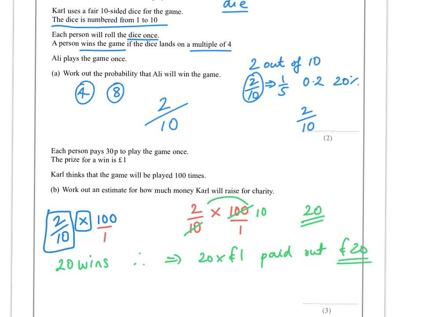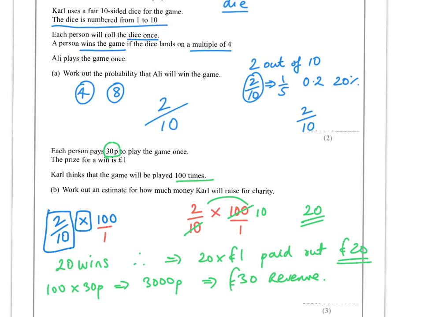But if it costs 30p to play the game once and 100 games were played, then your revenue, what would come in, would be 100 lots of 30p, which is 3,000p, which is £30 revenue.